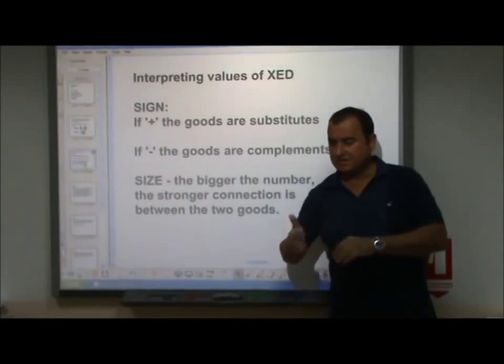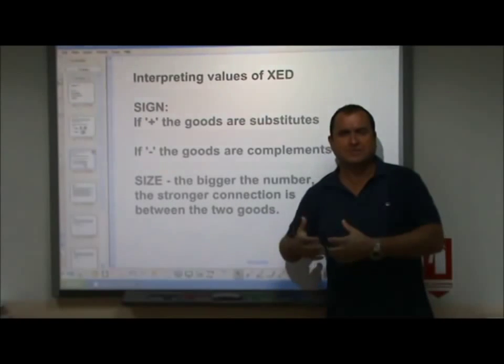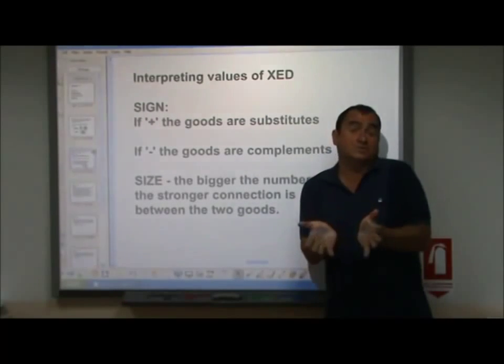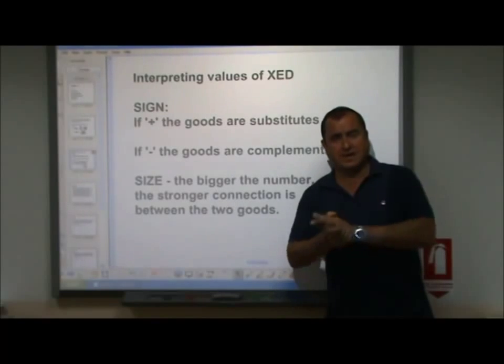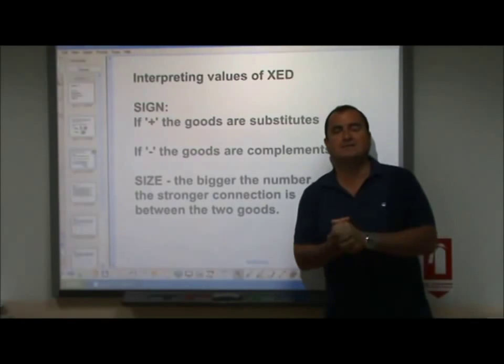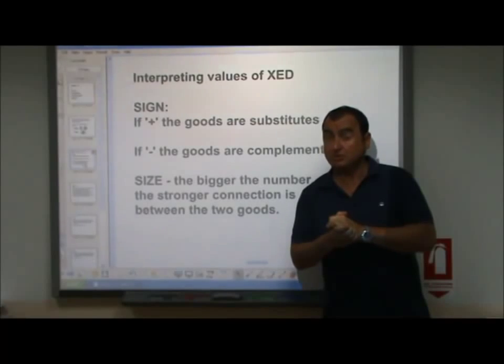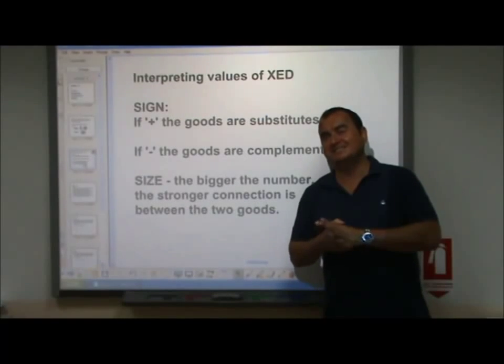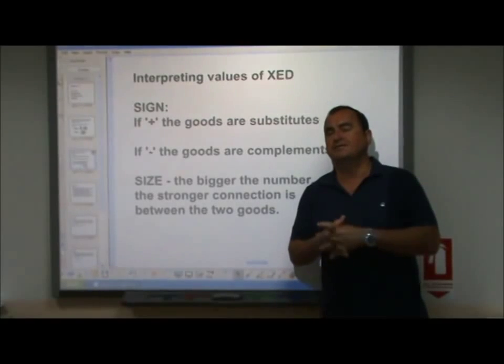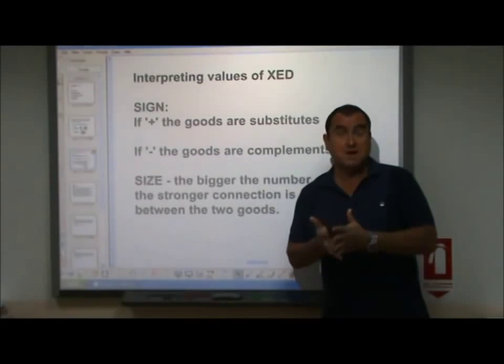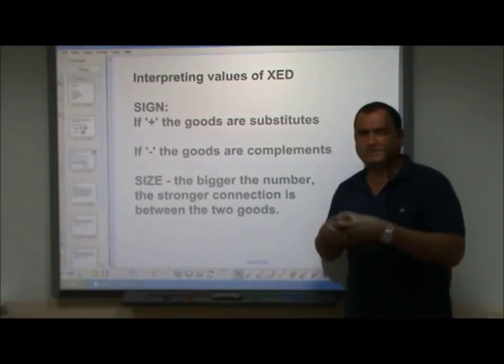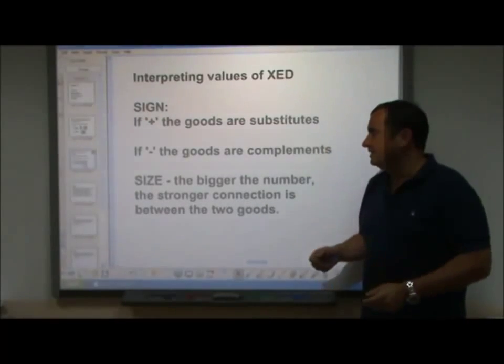Now, there is no magic threshold over which something means something. All I would say is that if the number is bigger than a half, or minus a half, the connection is pretty strong. I would call them strong complements or strong substitutes if that number is greater than about 0.5. But that's just me.